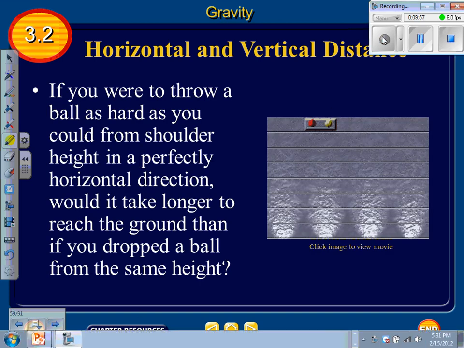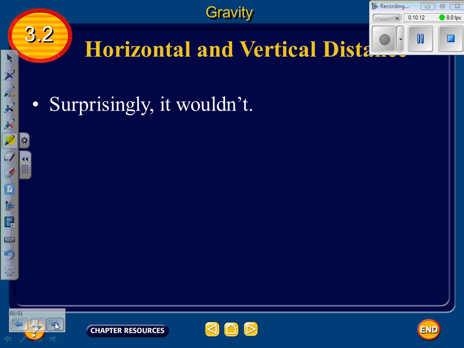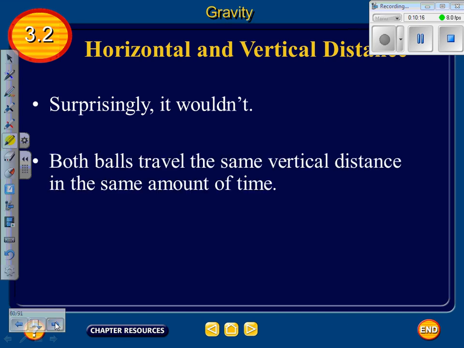If you were to throw a ball as hard as you could from shoulder height in a perfectly horizontal direction, would it take longer to reach the ground than if you dropped the ball from the same height? And we did this demo in class already. Surprisingly, it wouldn't. Both balls travel the same vertical distance in the same amount of time.